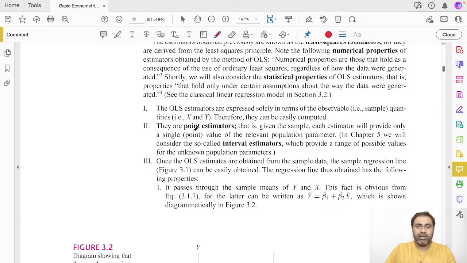Again, point estimator and interval estimator, what is the difference, say in chapter 5?